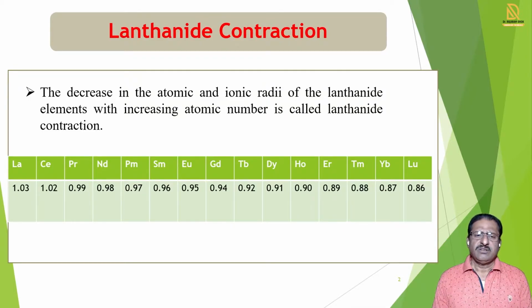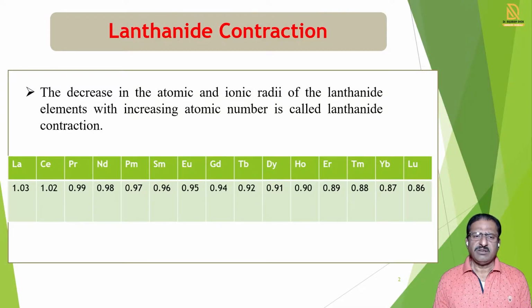We know that in the f-block elements the electrons are filled in the 4f orbitals, and that 4f orbital is the (n-2)f orbital, not the outermost or valence shell.